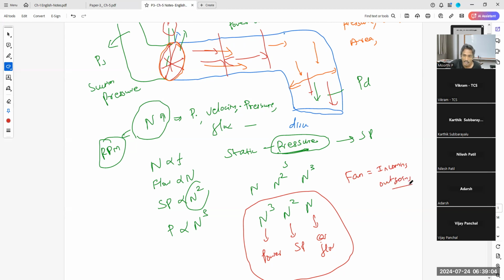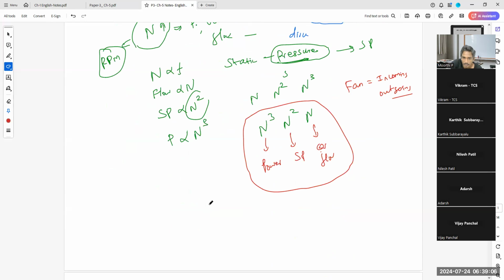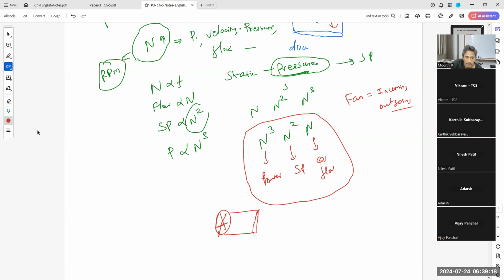You have to take fan incoming, fan outgoing. Incoming has two types, air income and power income.